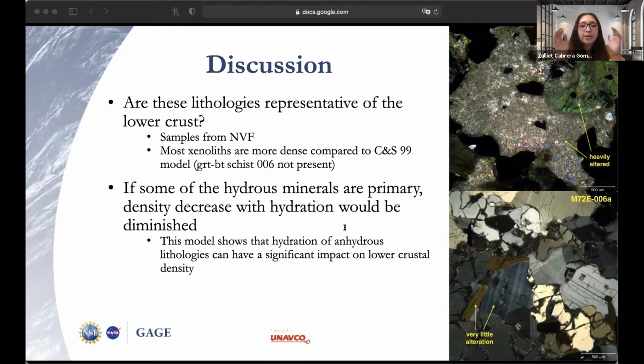In the figures to our right, we see samples 005 and 006. 005 on the top shows obvious alteration, where plagioclase is altered to biotite, and clinopyroxene is being altered into amphibole.